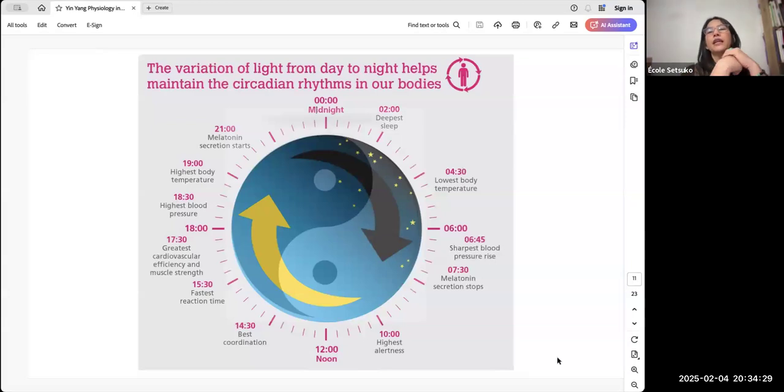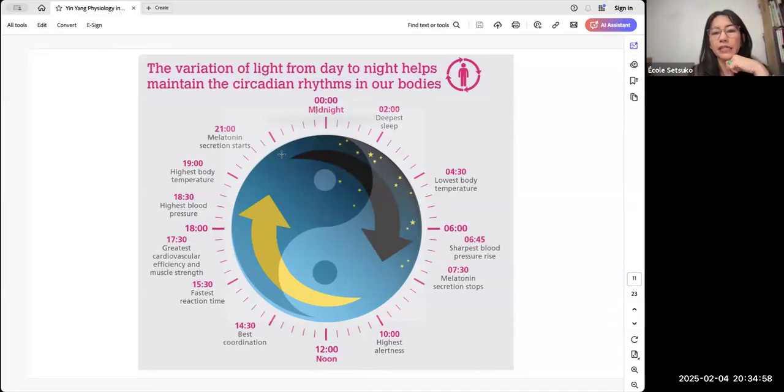Another interesting thing that I like to look at is this idea of a cycle. So again, the Tai Chi is a circle, which is represented not only by all cycles, but specifically we can look at our 24-hour clock. There are variations of light from day to night that help maintain circadian rhythms in our body. With this symbol, you have the yin, which is the dark.